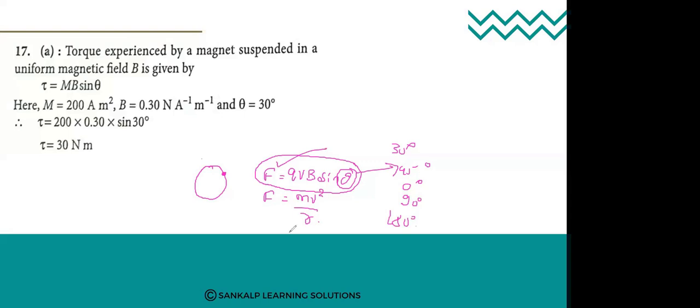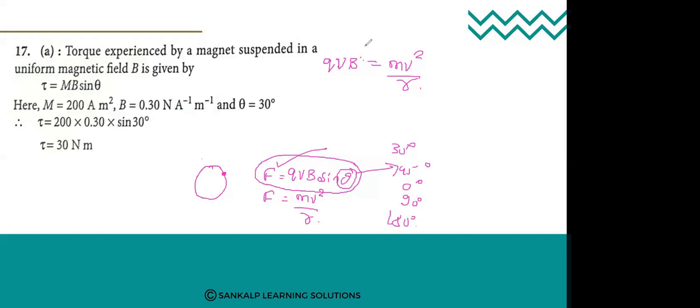First thing. Second thing, if they ask for any value other than force, you have to equate qvB is equal to mv square by r. Take theta if it is given. If the angle is not given, don't take sine theta. So if it is given, take sine theta. If it is not given, leave it.